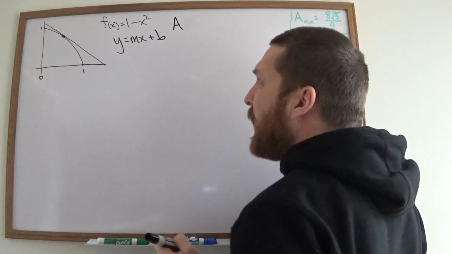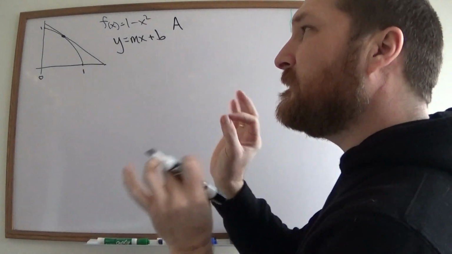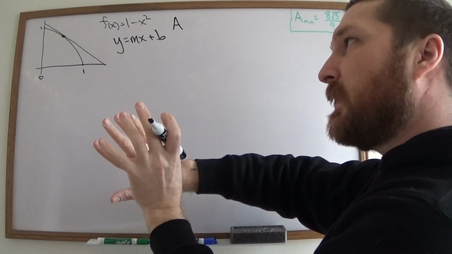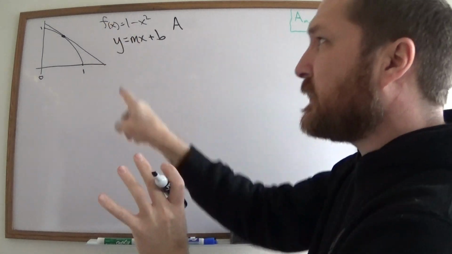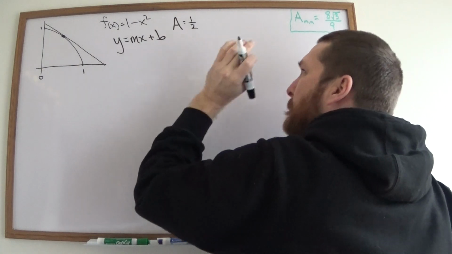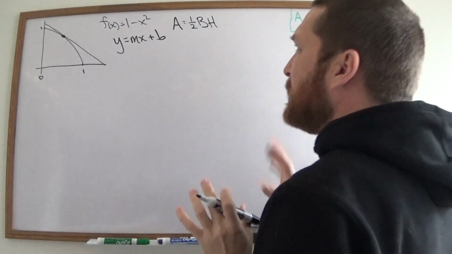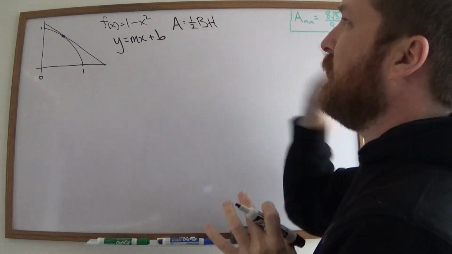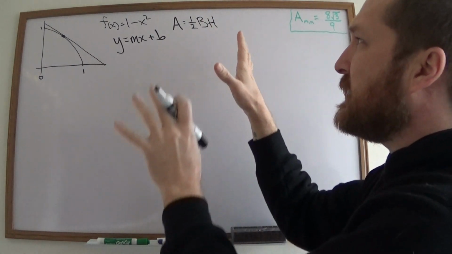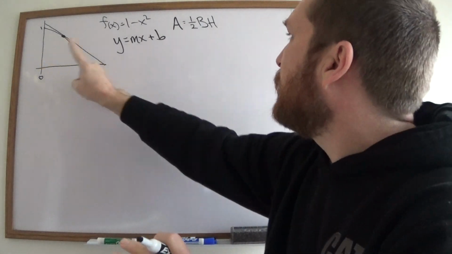I'm going to call it A. So first off, the area of a triangle is 1/2 the base times the height, okay? I'm just getting that up on the board, not sure exactly how I'm going to use that yet, but it's nice to have it up there. And just looking at this triangle, I could see a couple things already.